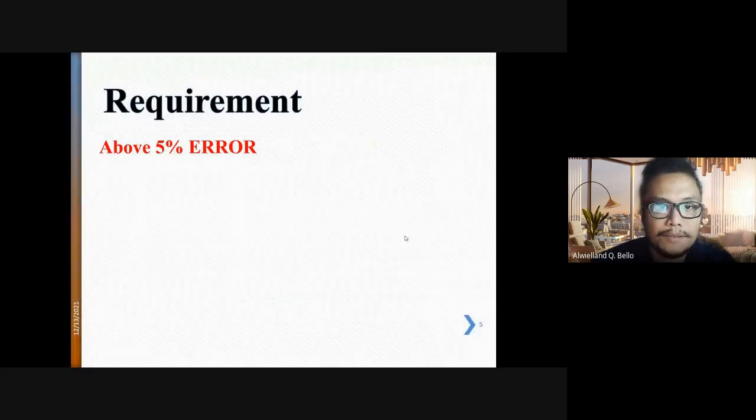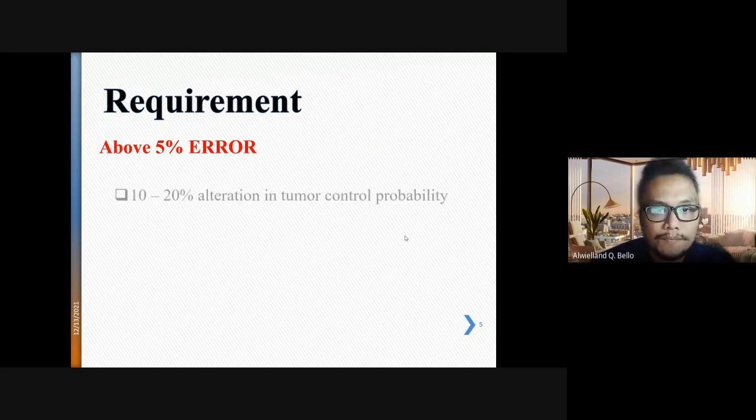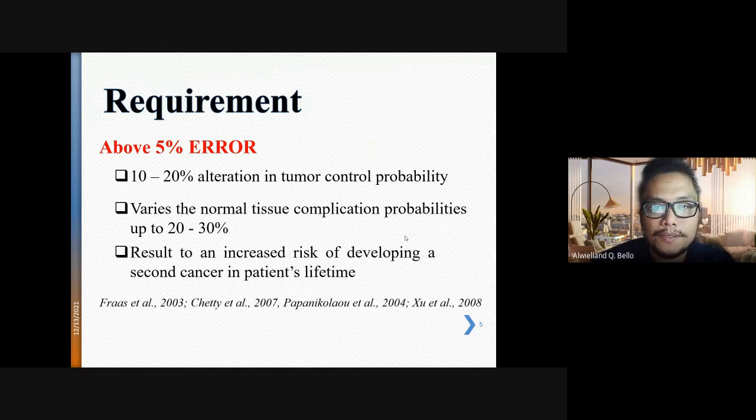So this is the requirement. We need to come up with a kind of calibration wherein we avoid reaching above 5% error. Why? Because there would be 10 to 20% alteration in tumor control probability.